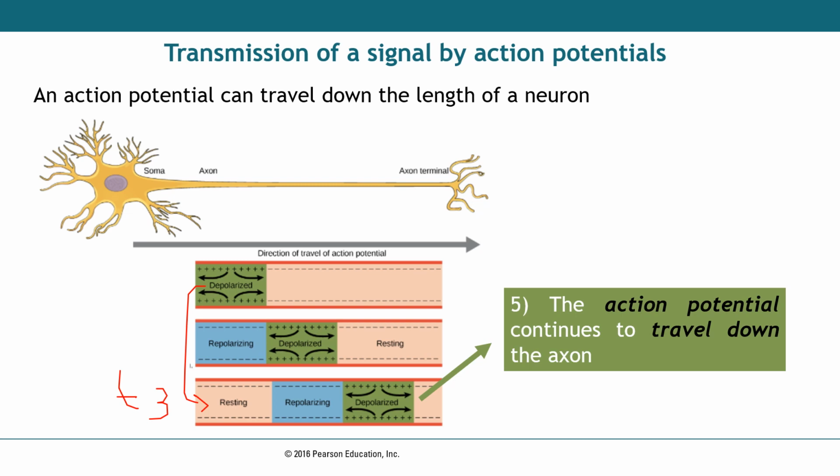The one that was depolarized before, at time 2, is now repolarizing, and the one that was in a resting stage is now moving to depolarize. So it's pretty straightforward what is happening, and depending on how long the axon is, you can have even more stages, but this is the main idea.